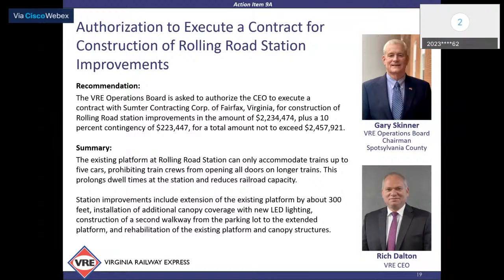In addition to the platform extension, the installation of additional canopy coverage, new LED lighting. There'll be a second walkway coming off of that new extended platform to access the parking lot. And then similar to the Lorton platform extension that we completed a couple of years ago, we will essentially rehabilitate the existing platform as part of this project as well.